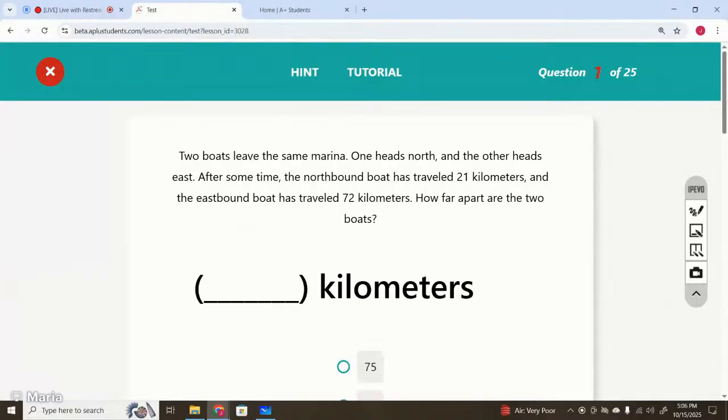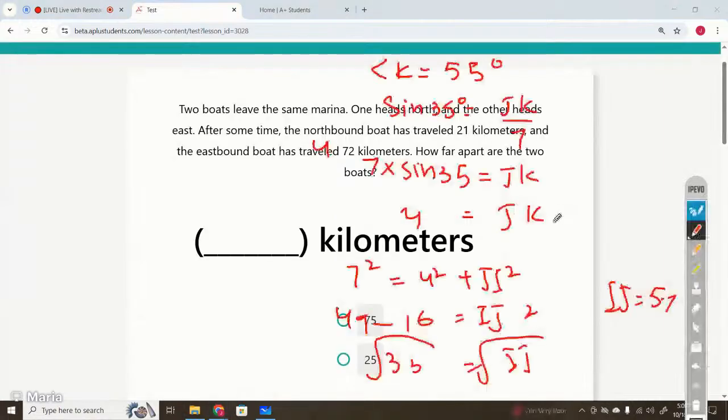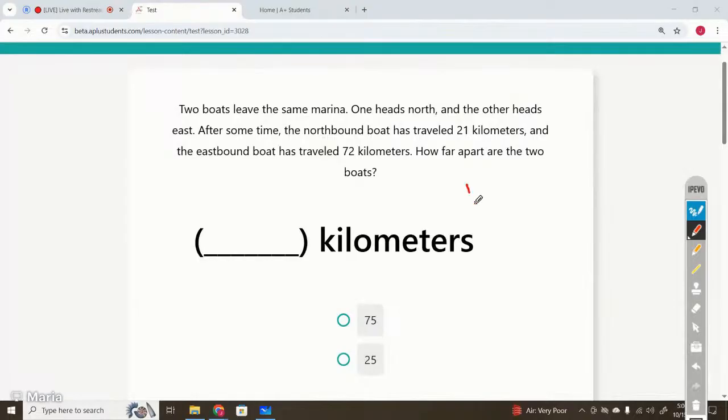So we need to calculate the distance between the two boats. One of them traveled 72 kilometers and the other one traveled 21 kilometers. We need to evaluate how far apart these two boats are.